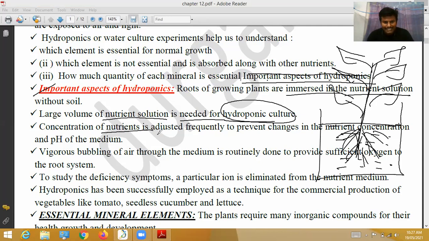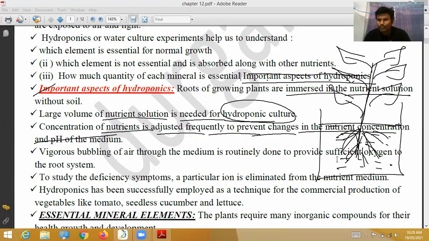Concentration of nutrients is adjusted frequently to prevent changes in the nutrient concentration and pH of the medium. For example, now 100 ml of nutrient solution is added to this plant, so that 100 ml of nutrients are absorbed by the plant.